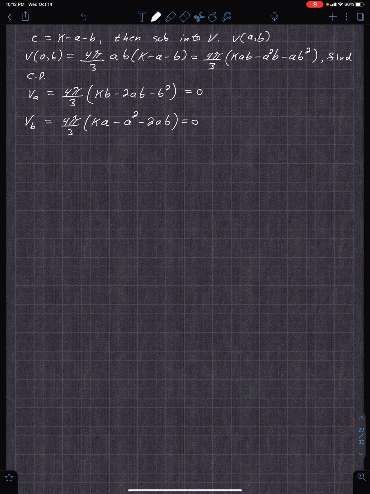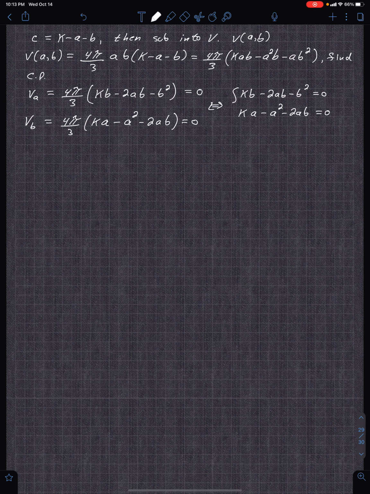So we divide that out, and we get kb minus 2ab minus b squared equal to 0, and ka minus a squared minus 2ab equal to 0.